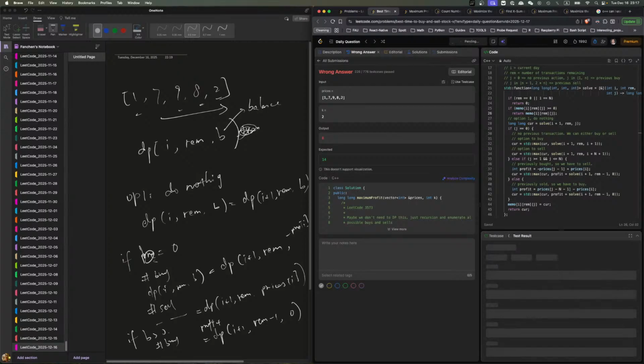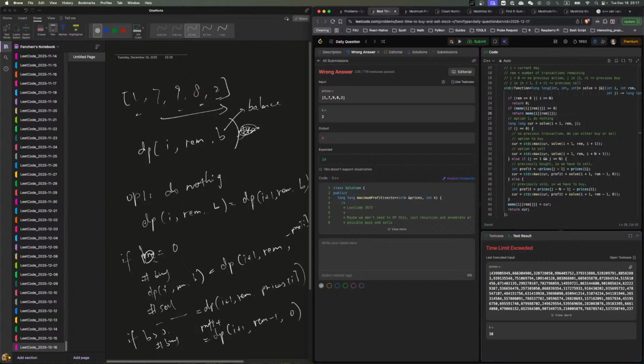You're saying we have more states? We have 2 end state. I don't quite understand why that is the case.